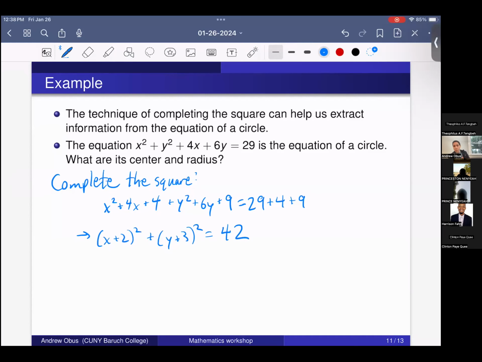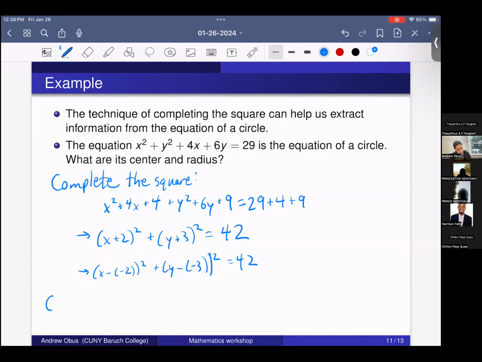And now this is the more familiar equation for the circle, right? So for this equation for the circle, now we can just read it off. Maybe I'll do one more step. This is the same thing as x minus minus 2 squared plus y minus minus 3 squared equals 42.